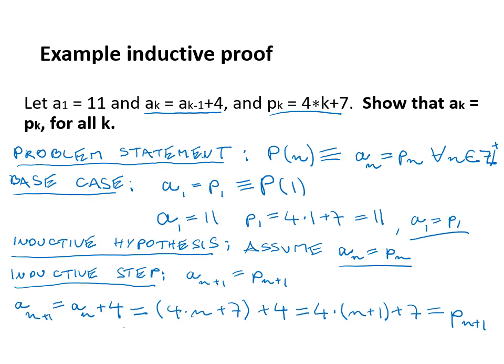Great. So what we got is that in our inductive step, A of n plus 1 is equal to P of n plus 1. And that concludes our inductive proof. So by doing this, we proved that A of n is equal to P of n for all positive n.